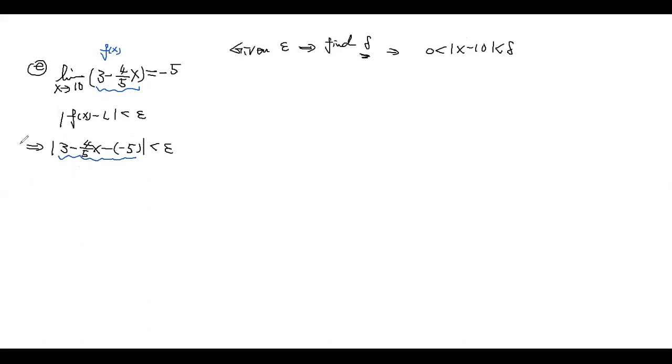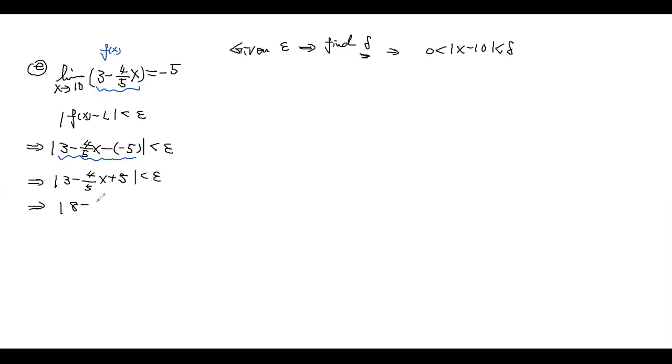So now let's see how this is going to happen. This will be 3 minus 4 over 5x plus 5, less than epsilon. Okay, 3 plus 5.